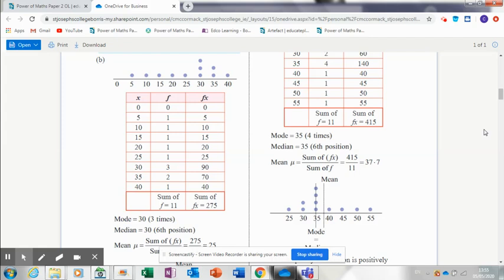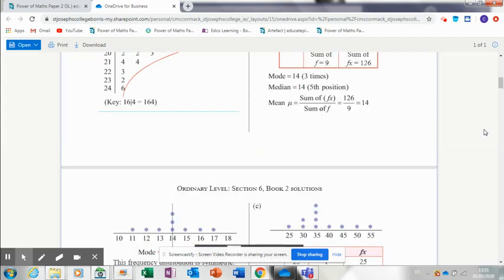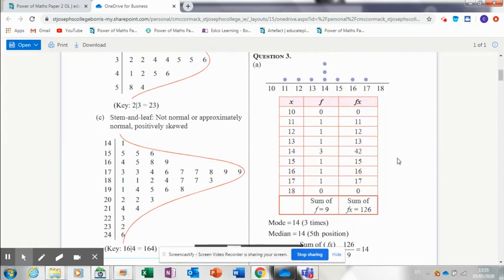It's stem and leaf. This is C. It's a stem and leaf. And again, this is a stem and leaf. It's not normal or approximately normal. It's more positively skewed. Right?